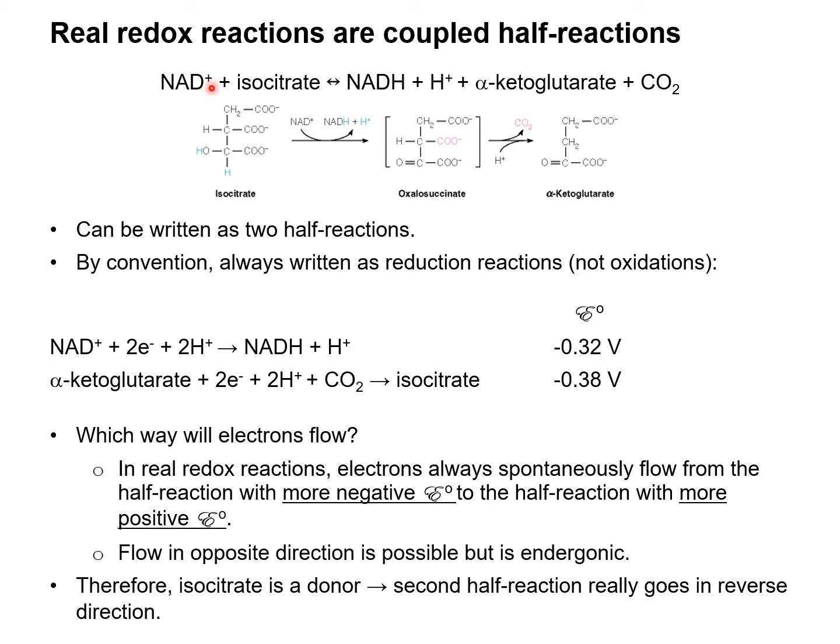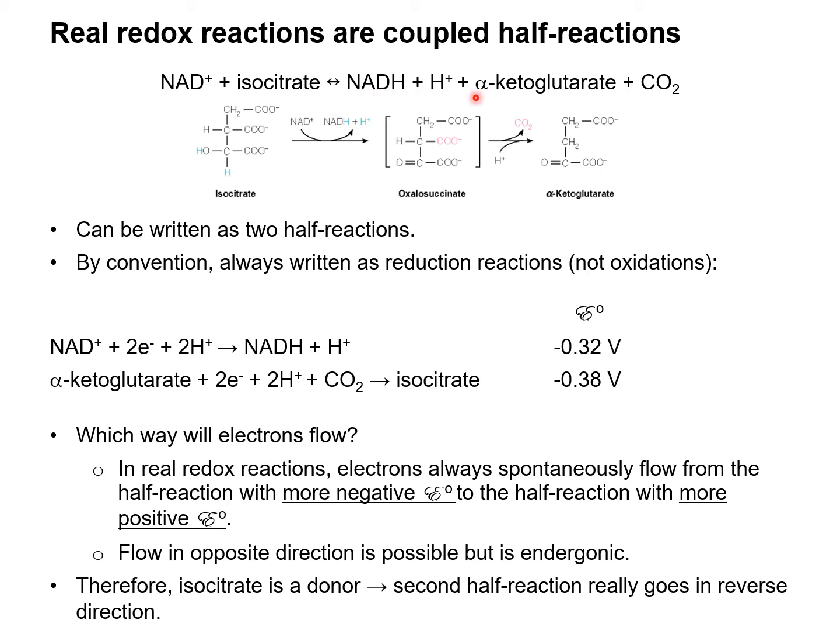So for NAD plus, in the same order as this reaction, NAD plus takes 2 electrons and 2 protons to make NADH and H plus, and NADH is again the reduced form of NAD plus. So this is a reduction reaction, whereas the other half reaction is written in the reverse direction.